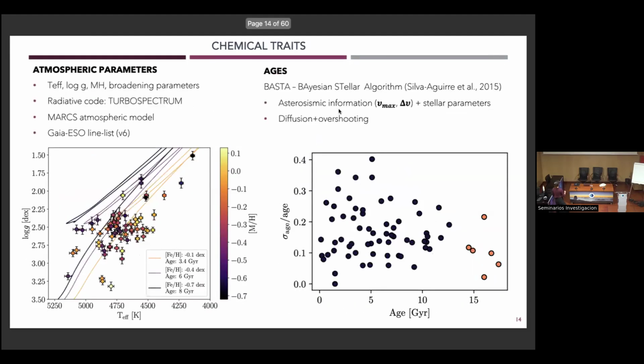I'm sure, as you said, we had a broader atmospheric parameter space. So what we did was to divide the sample into bins, and for each group of stars with similar metallicity and log g, we took a reference star, and then I computed a line by line differential analysis.